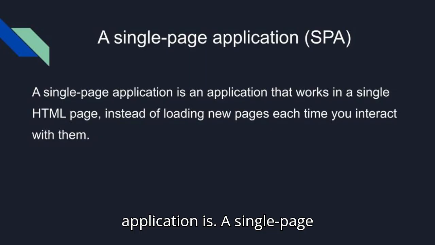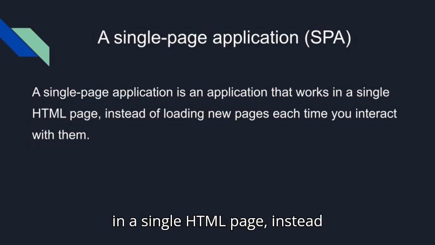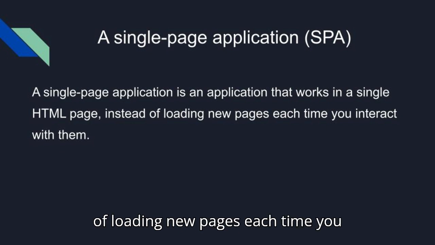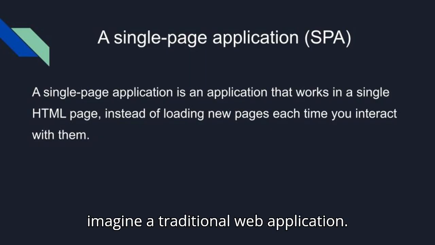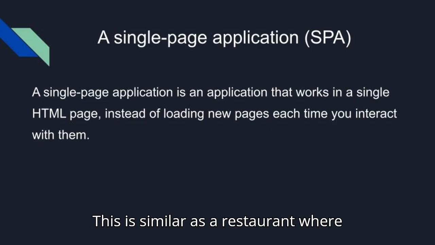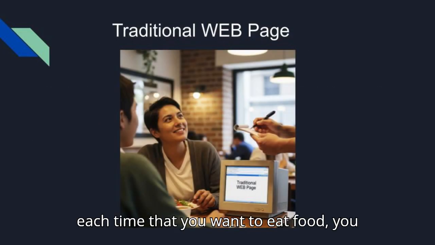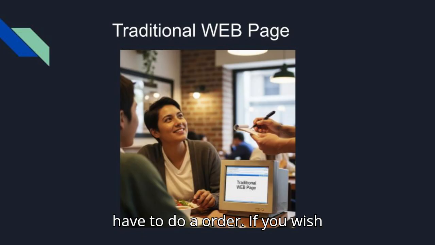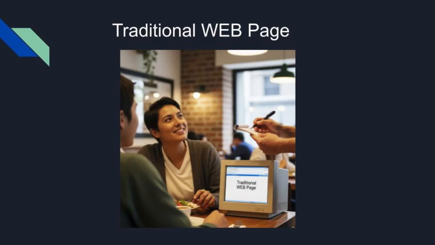A single-page application is an application that works in a single HTML page instead of loading new pages each time you interact with it. To understand better, imagine a traditional web application. This is similar to a restaurant where each time you want to eat food, you have to place an order. If you wish for another dish, you have to order again.